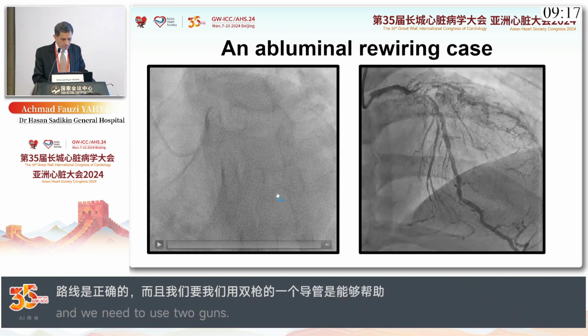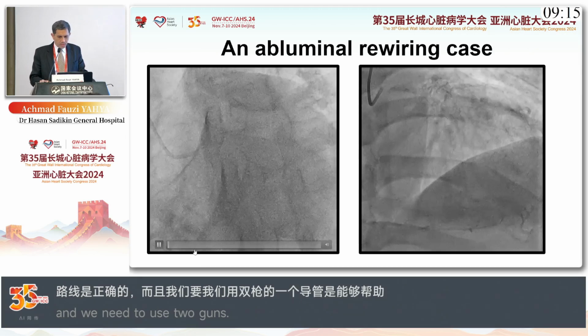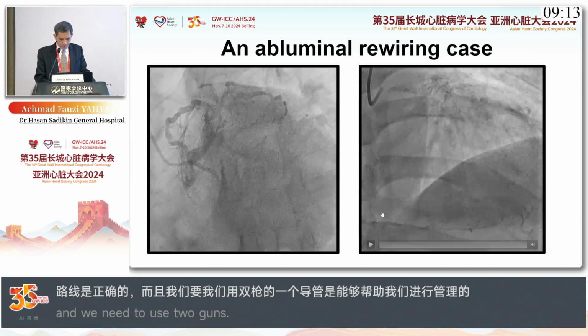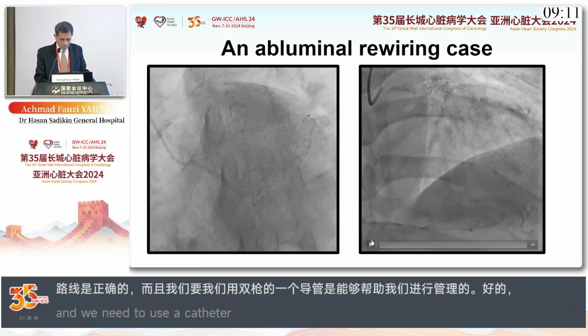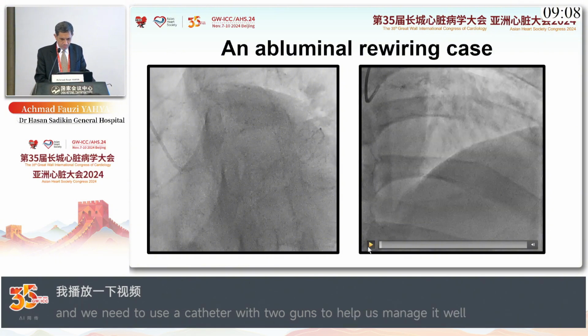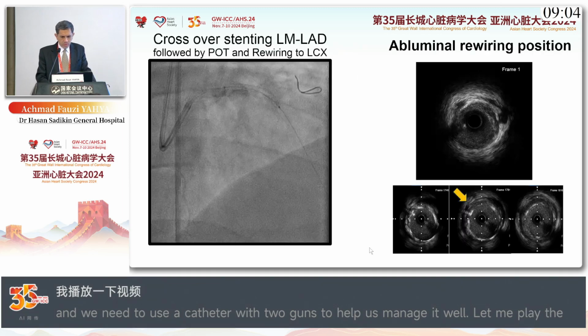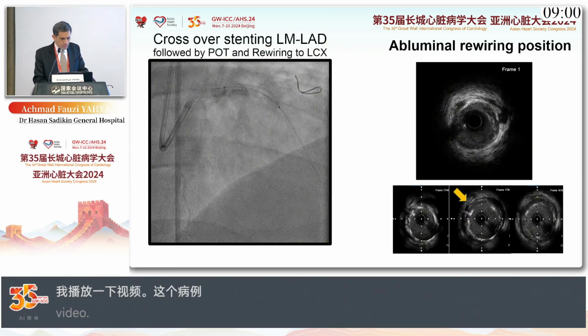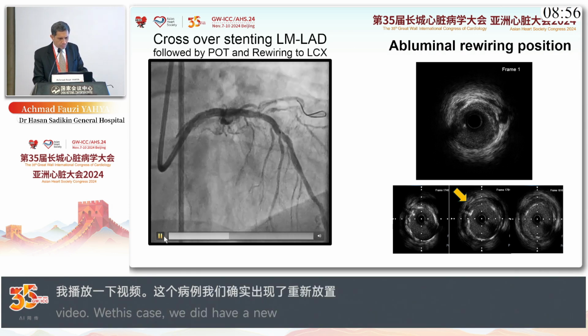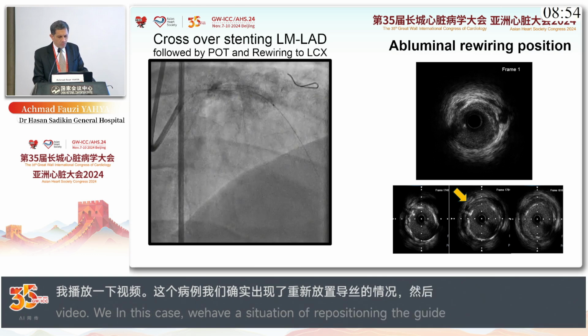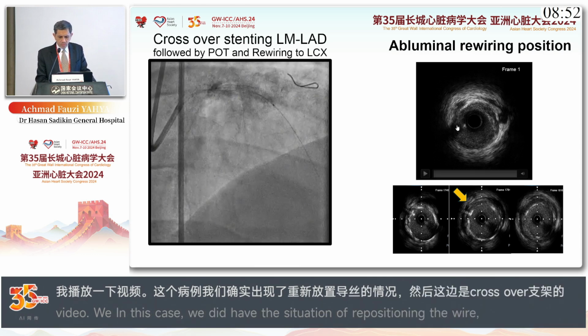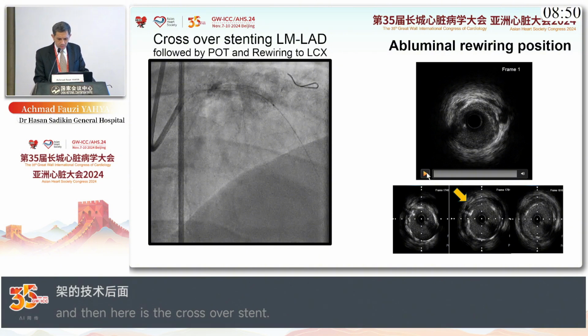Look at this point. This is a case where we had abluminal wiring. We already did crossover stenting, followed by pivot and rewiring to the left circumflex. But look at this.